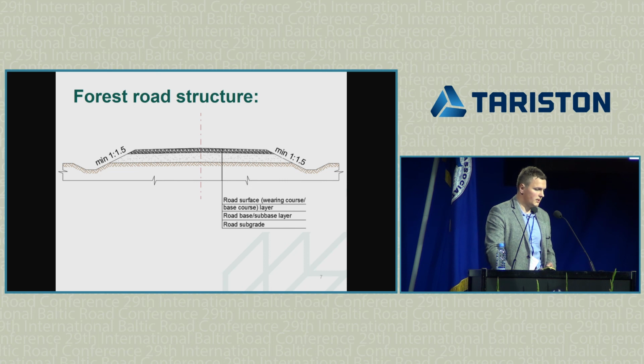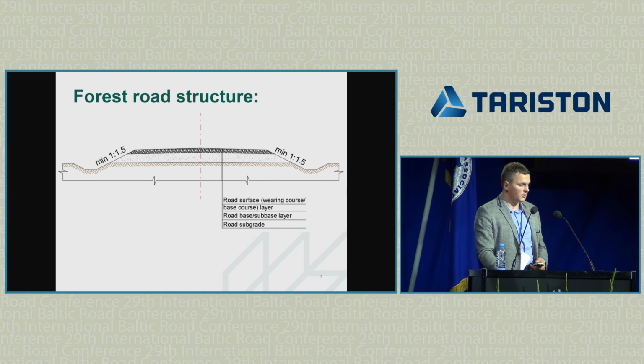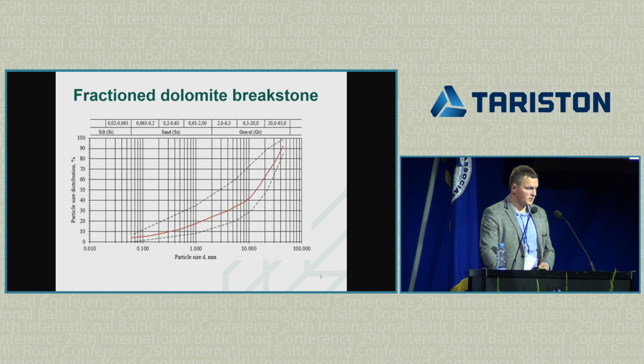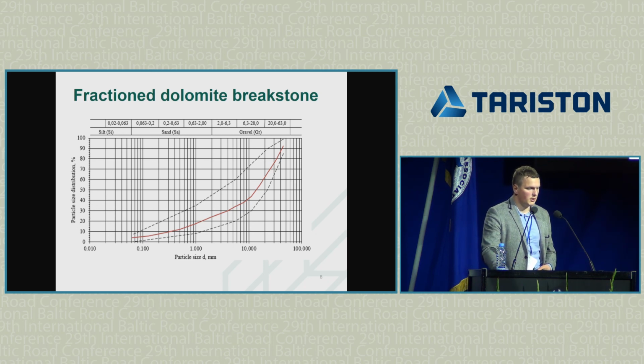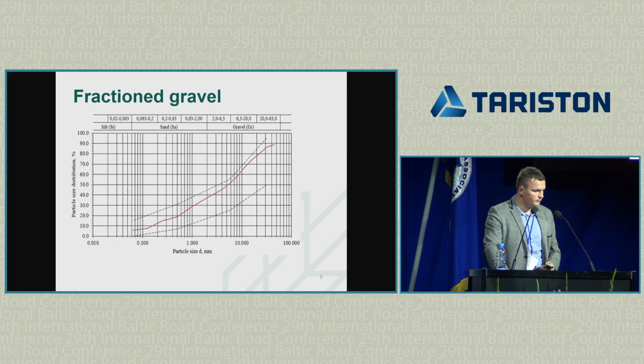So we picked the material from this structure, this surface layer, which in Latvia is fractional dolomite breakstone. You can see the particle distribution we used, and the borders which are according to the specification. And also fractional gravel. Those are two types of materials used in Latvia for the forest road surface layer.